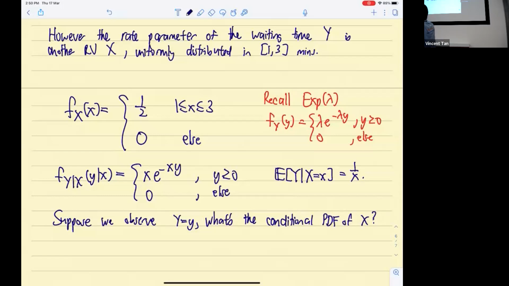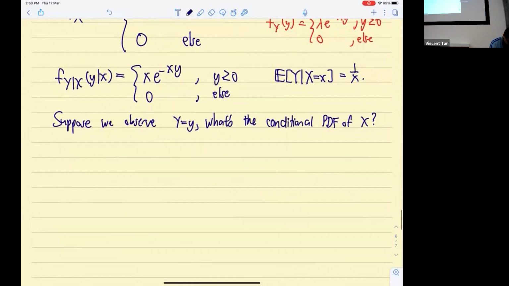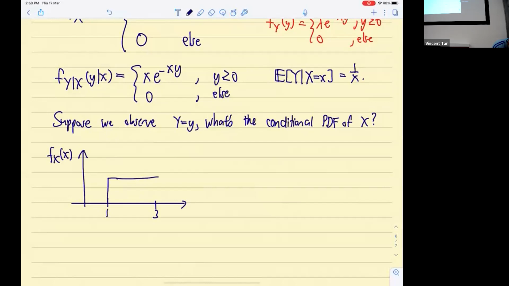How does it change our belief about x? Initially, x was uniformly distributed from 1 to 3, with density 1/2.